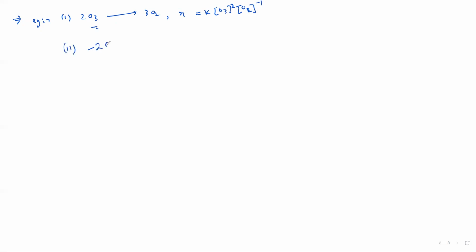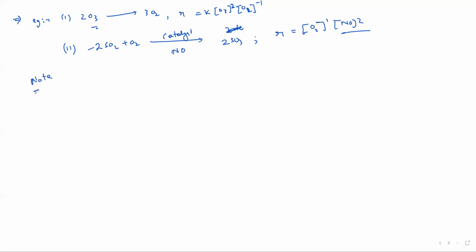Next, we can write 2SO2 plus O2 with NO catalyst giving 2SO3. So rate equals O2 to the power 1 NO square. So catalyst also appears.